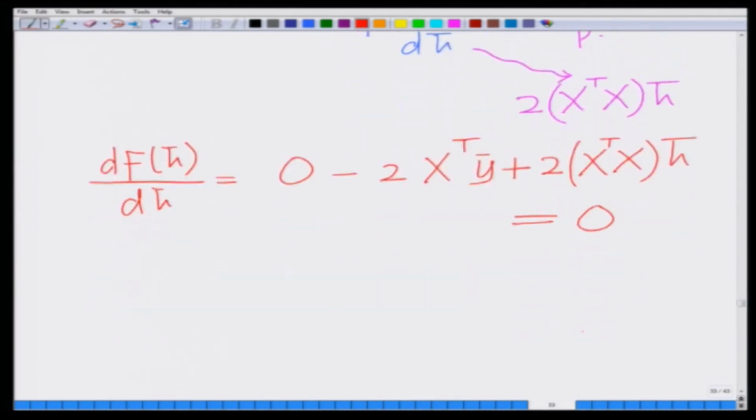Remember, we have to set the derivative equal to 0 to find, that is what we said, we have to differentiate this vector with respect to the vector H bar and set it equal to 0 to find the minima of this cost function.